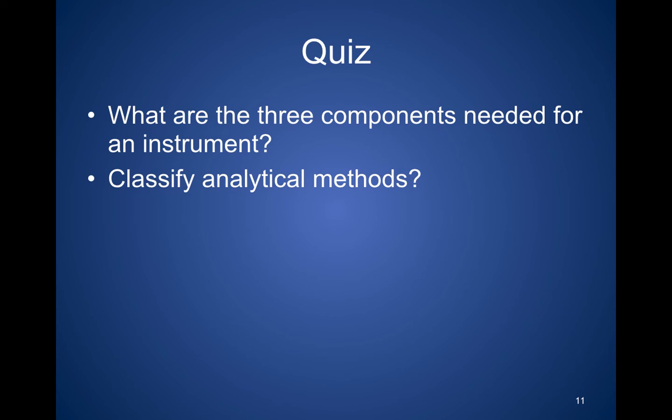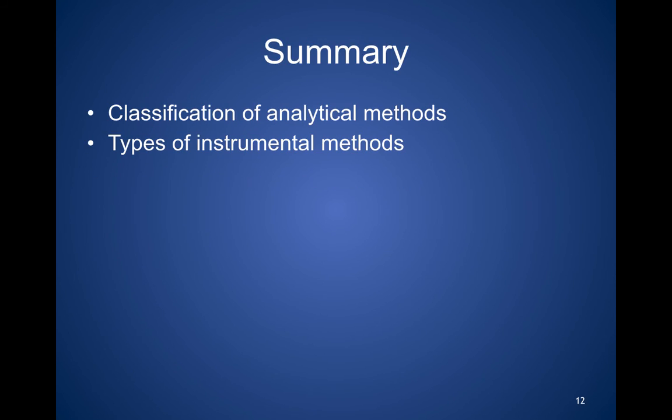So let's have a quiz. What are the three components needed for an instrument? We have a stimulus, the system under study, and then response. And second, classify the analytical methods. We can classify them as qualitative or quantitative, and classical or instrumental methods.